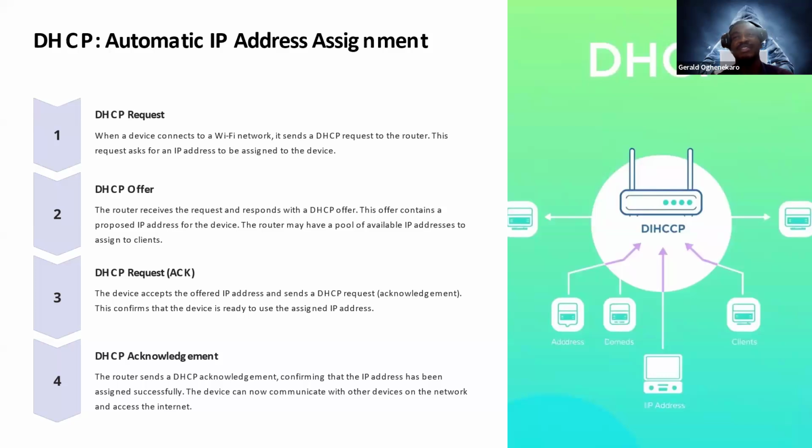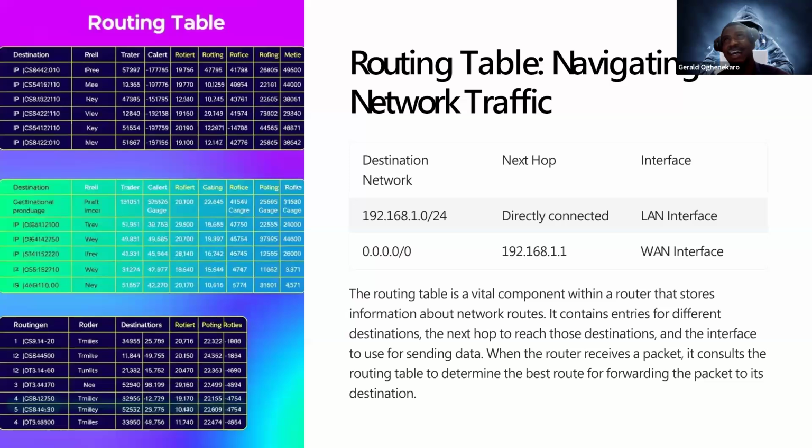So the DHCP then offers an IP address. Your device receives it and sends an acknowledgement to say, yes, thank you very much. I've accepted this IP address and I will be connecting to the internet with it. So that's pretty much the process of the DHCP assigning an IP address.